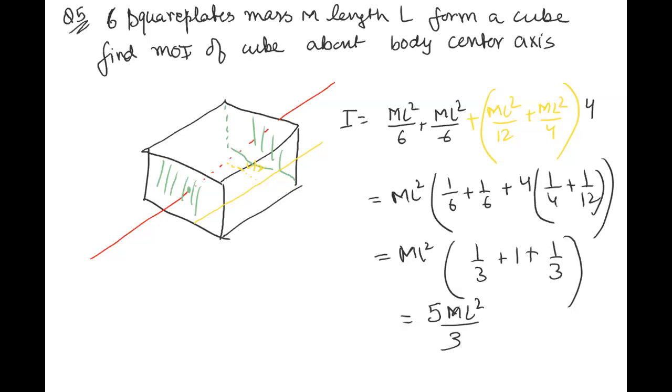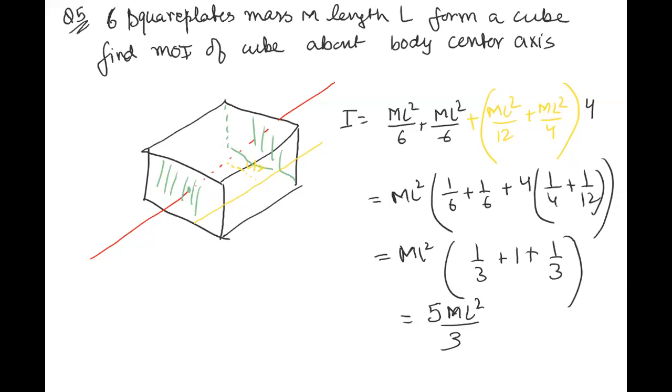Last step, which method is it? There are 6 faces, right? So out of these 6 faces, the green ones, the shaded green ones, the front face and the back face, for them the moment of inertia would be simply ml square by 6.